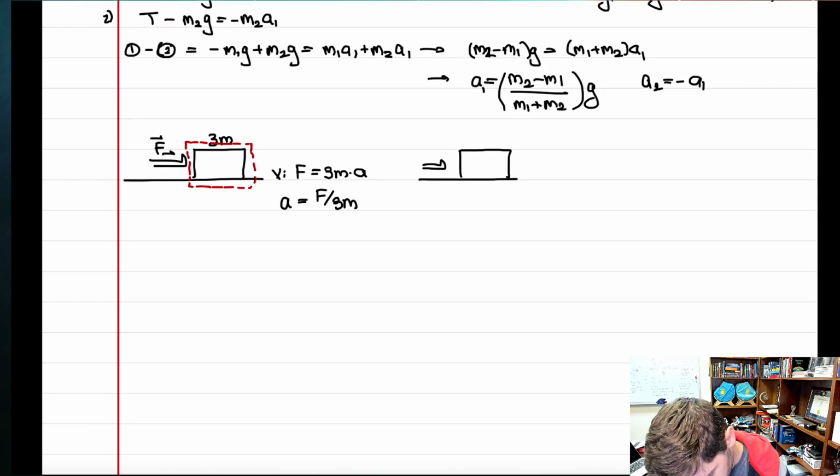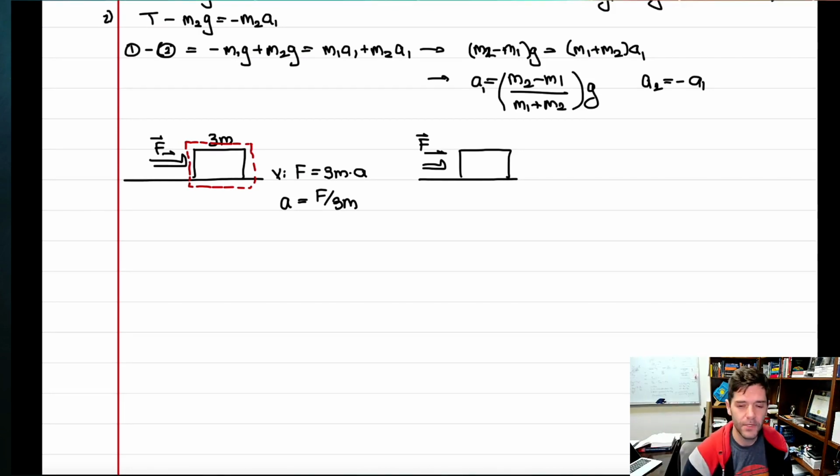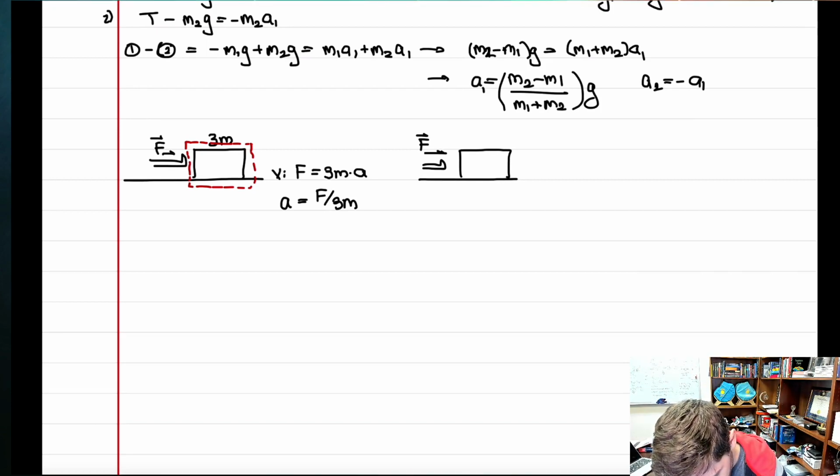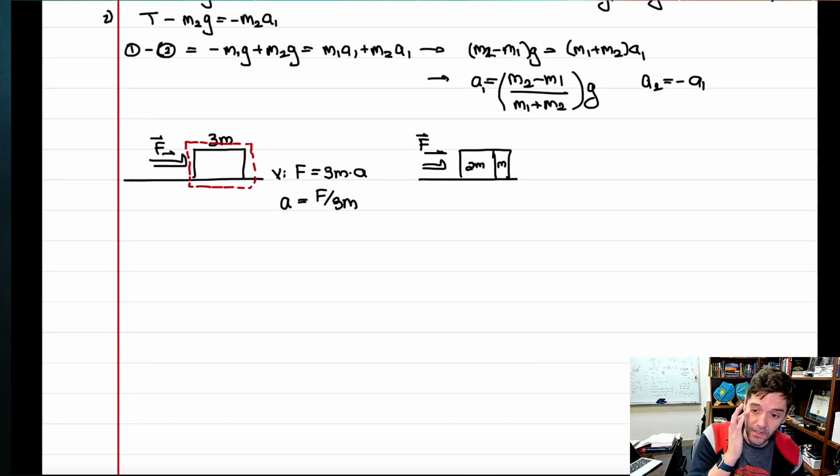Now suppose, upon closer inspection, you look carefully at that box and realize it's actually two boxes that just happen to be next to one another. One has mass 2m and one has mass m. And you just realized this. You want to redo the physics experiment and calculate the acceleration.